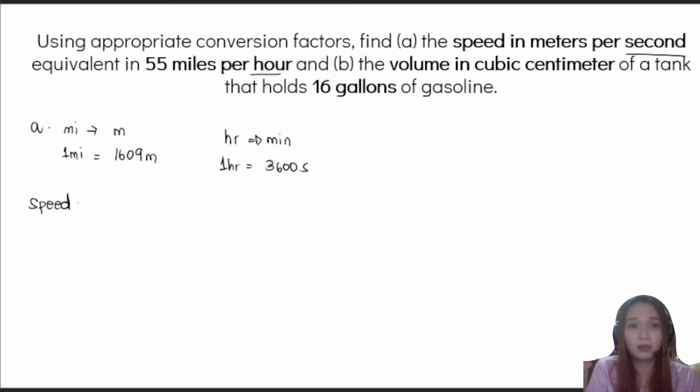Okay, so we have to calculate the speed given 55 miles per hour. We have to convert it to meters per second.